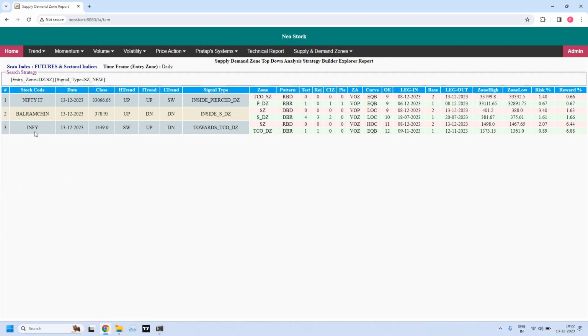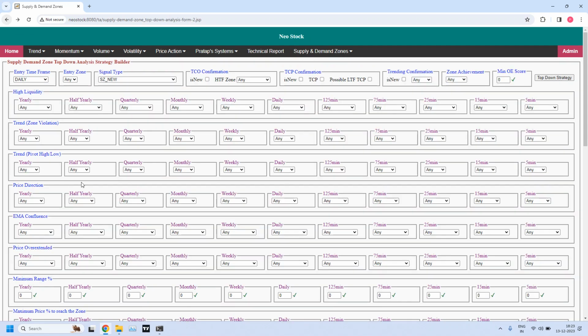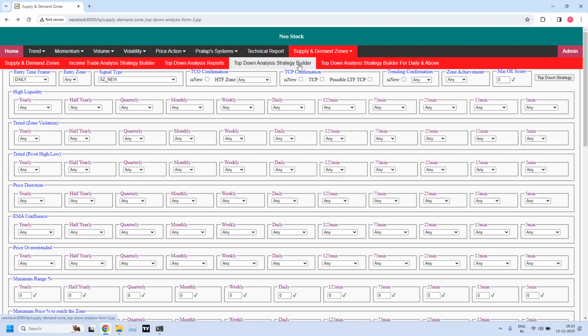Even in Infosys, a new supply zone is created. In the Nifty IT sector, a new supply zone is created. So let's go back. Now we have generated demand and supply zones for the daily time frame.